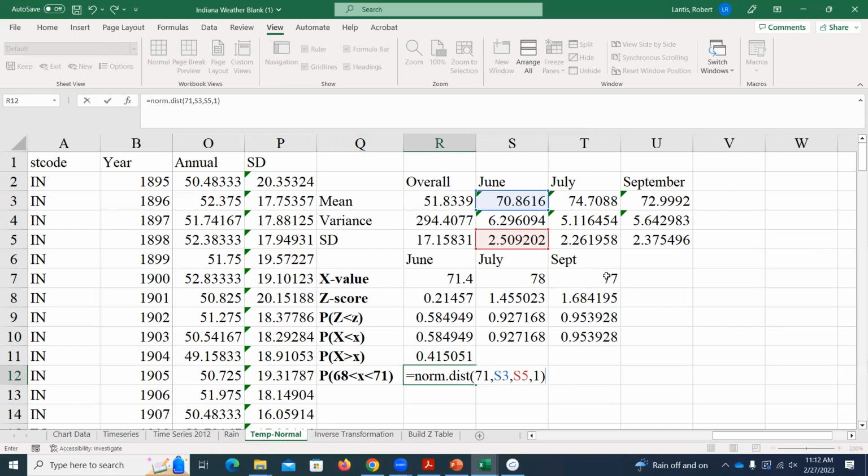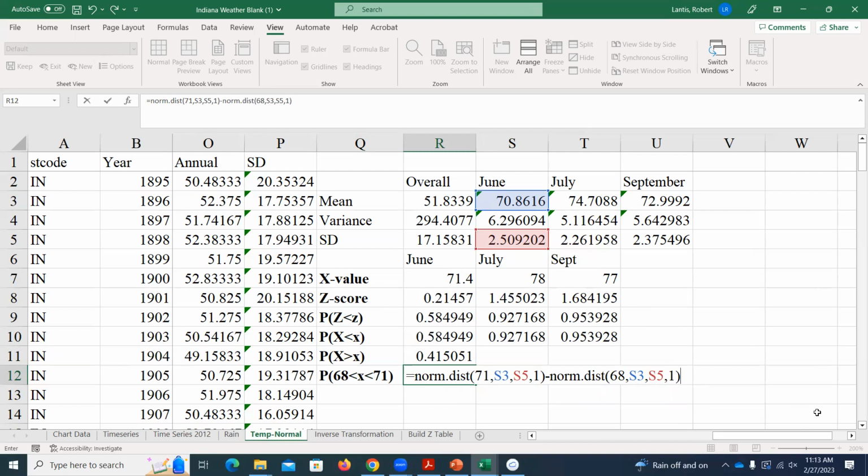It calculates that z value behind the scenes for me. I would then subtract from that the norm.dist function where I'm looking at the lower cutoff value, so 68, I think, comma, here's the mean, here's the standard deviation, and then a 1 there to make it cumulative. So I can do this all in one cell too. Like I said, you can break it down if it makes it easier to track what you're doing, or do it all in one cell.